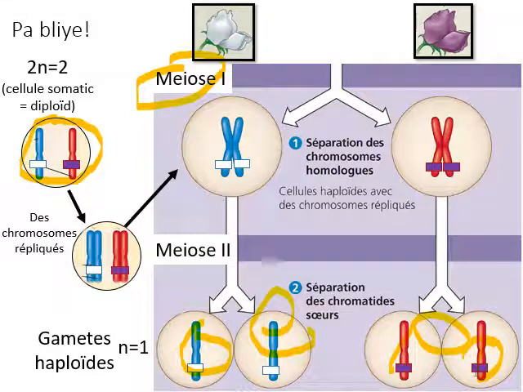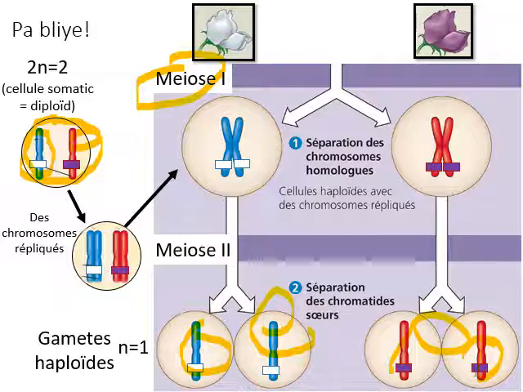Gametes are either eggs or sperm. The pair of chromosomes in each somatic cell also separates. So these 2 chromosomes separate, and then each chromosome divides so that each resulting gamete has only 1/2 of a chromosome.